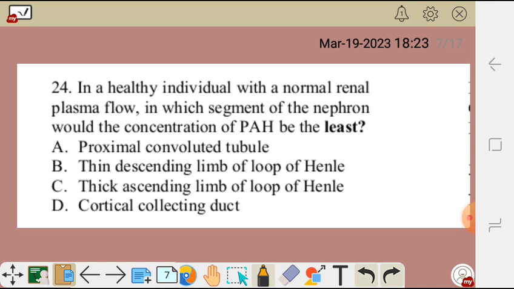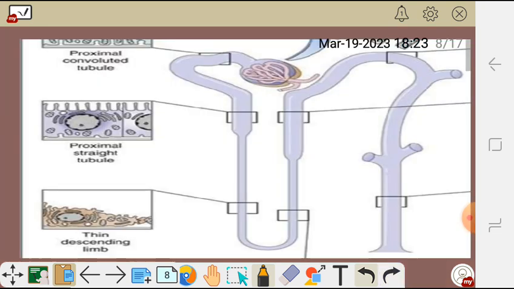So in a healthy individual with a normal renal plasma flow, in which segment of the nephron would the concentration of para-aminohippuric acid be the least? So let's look at these segments of the nephron and see what happens in each segment.